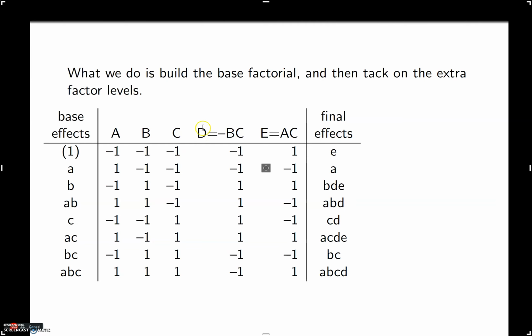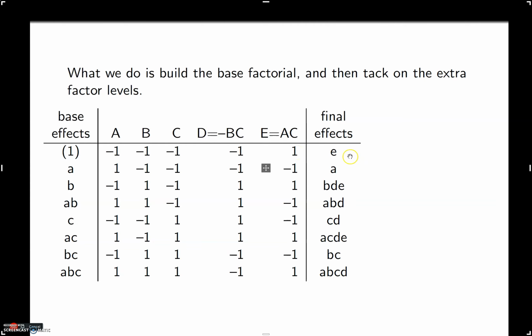Consequently, we know from the generating set that D is equal to negative BC, that we did in the previous slides. So BC would be negative 1 times negative 1, which gives you positive 1, but negative BC is then negative 1. AC is going to be positive 1. So there we know what the coefficient for D and E is.